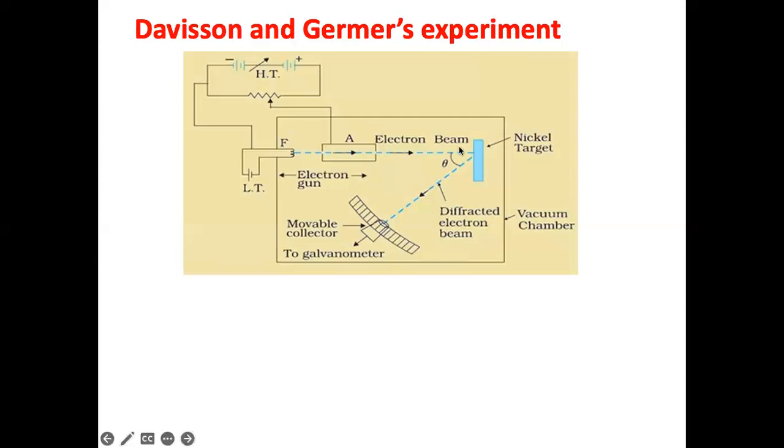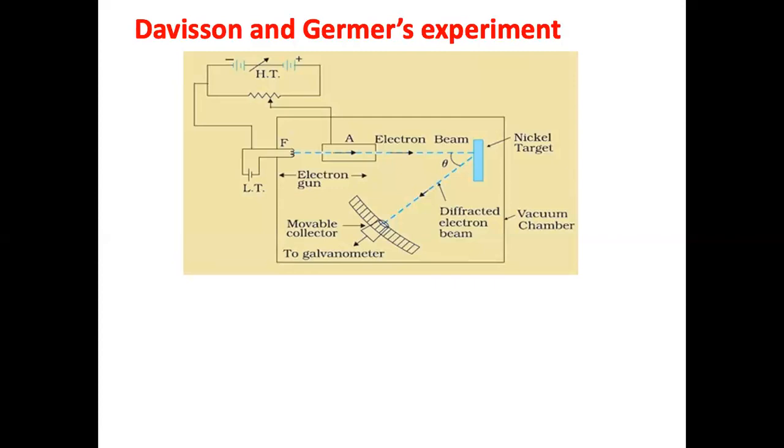This highly accelerated beam is incident on the target. As the target, we are taking nickel, because in nickel all the lattice points are equally arranged, with the same distance between them.